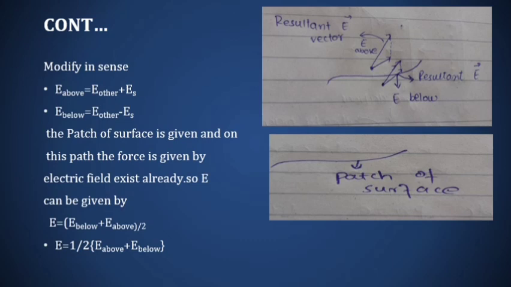The patch of surface is given, and on this patch the force is due to the electric field that already exists. So the electric field is the average, given by E below plus E above over 2. In simple form it can be written as E equals 1 over 2 times the bracket E above plus E below.